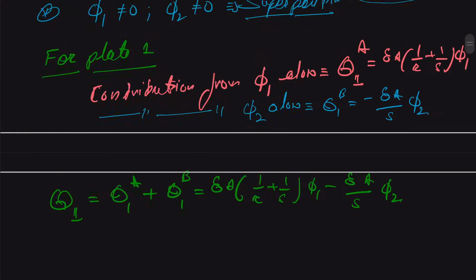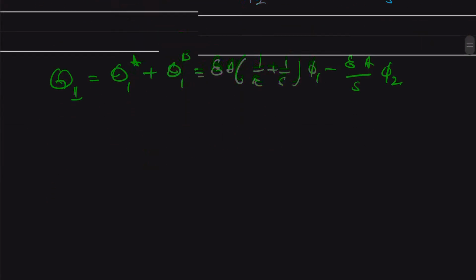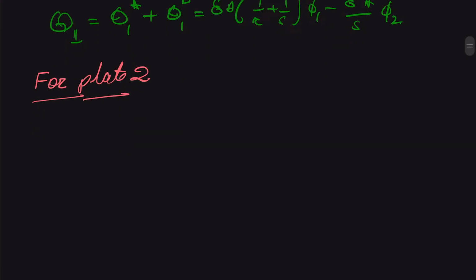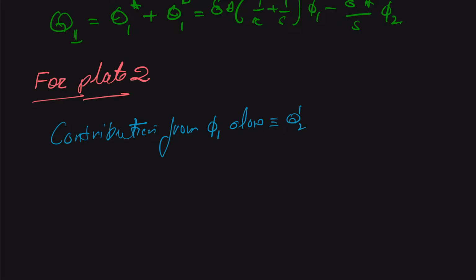Same thing we did for plate 1, and now we are going to do the same for plate 2. First comes the contribution from phi 1 alone, that is Q2A, which is minus epsilon naught A upon S times phi 1.